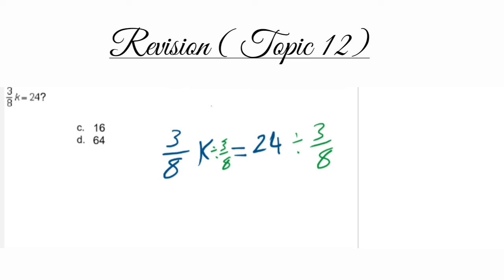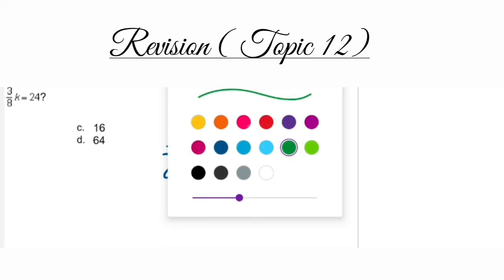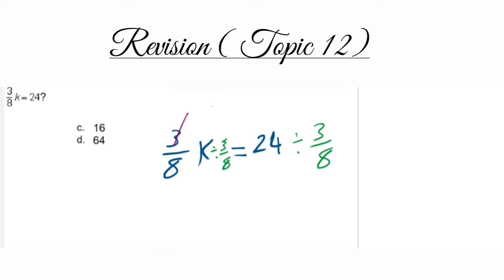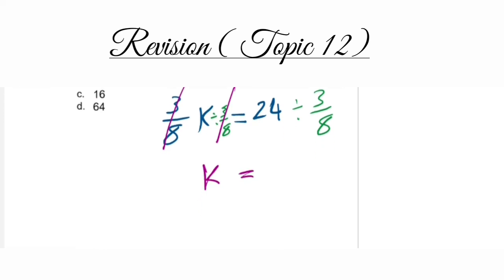Of course, when we divide 3/8 by 3/8, it will be 1, and here we have k alone. To divide 24 by 3/8, write 24 and change division into multiplication. Get the reciprocal. Simplify if you can.